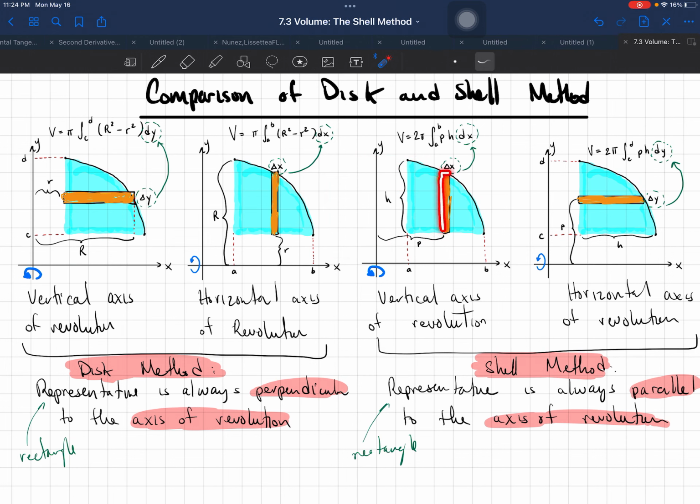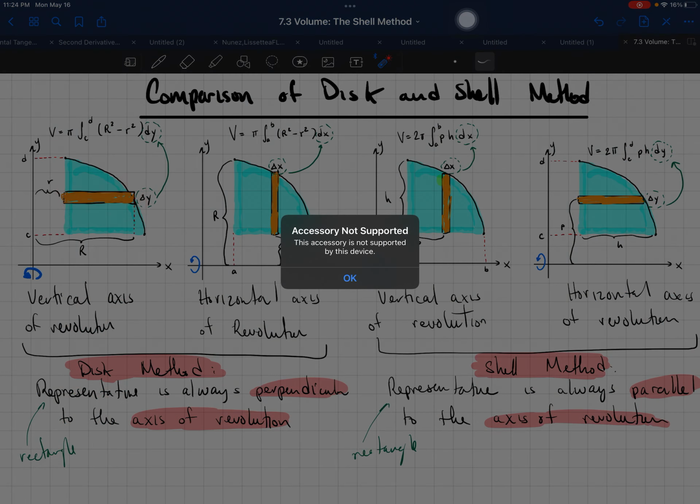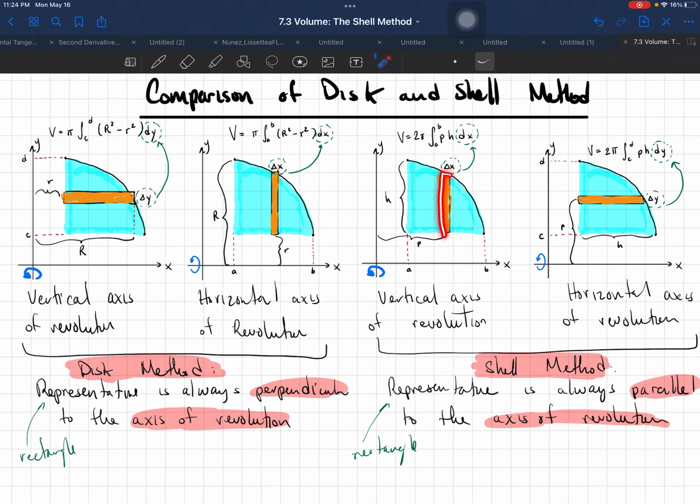If you notice the respective rectangle, this one is horizontal. This one is going to be, in this case, vertical, right? So the width of this rectangle will be delta x.